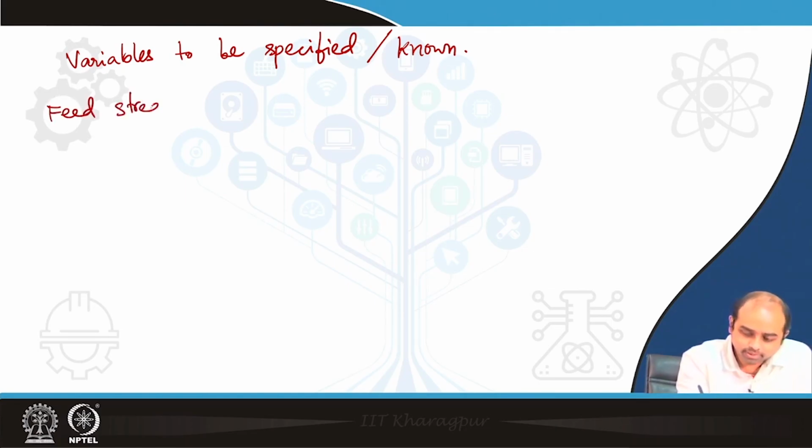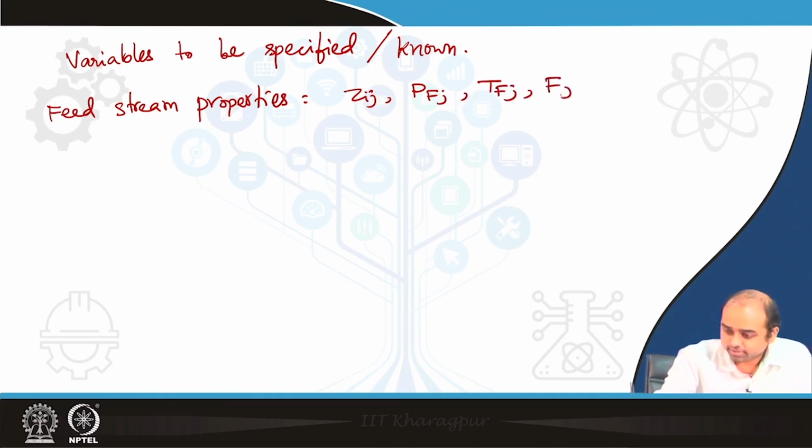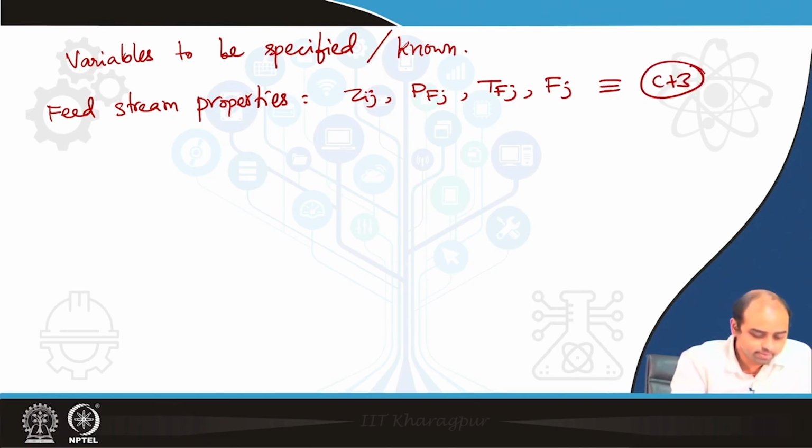Feed stream properties for any tray, these would be known. So what are these? Zij, Pfj, Tfj, and you have Fj. So here C plus 3 number of variables are known.